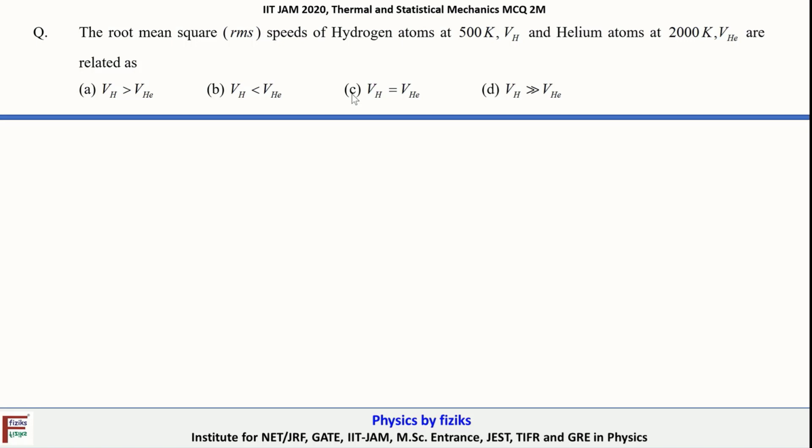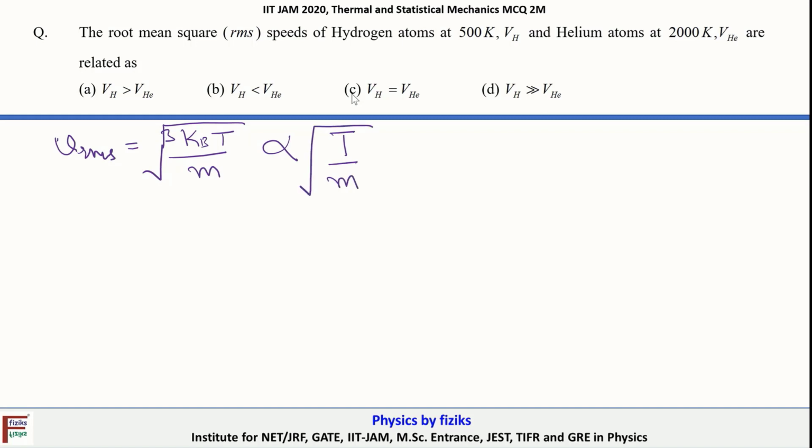The general expression for the root mean square speed is v_RMS equals the square root of 3kT upon m.